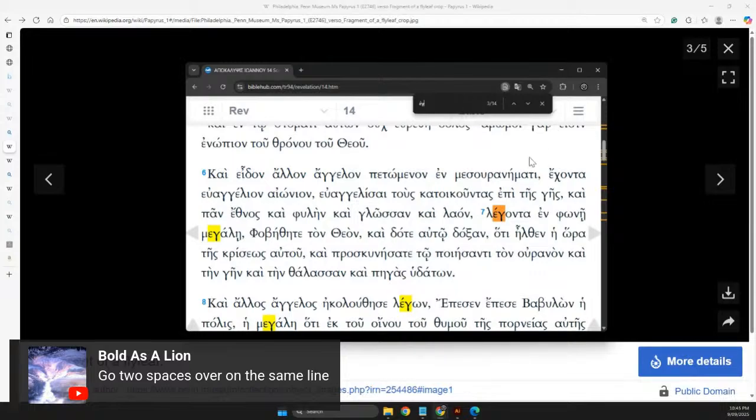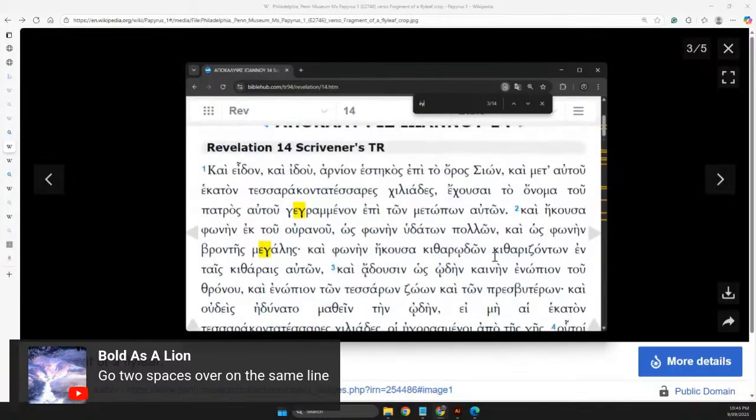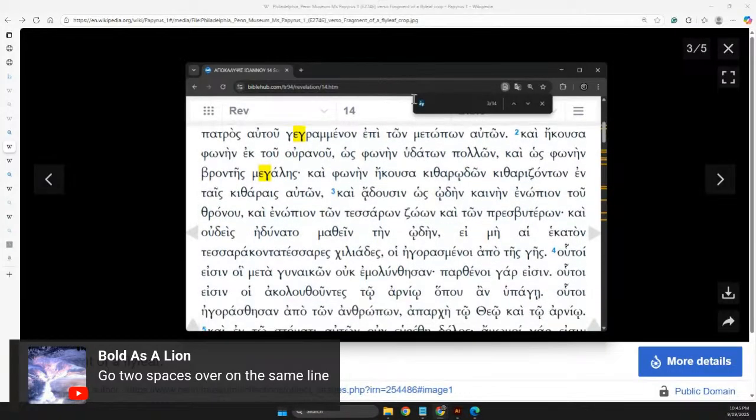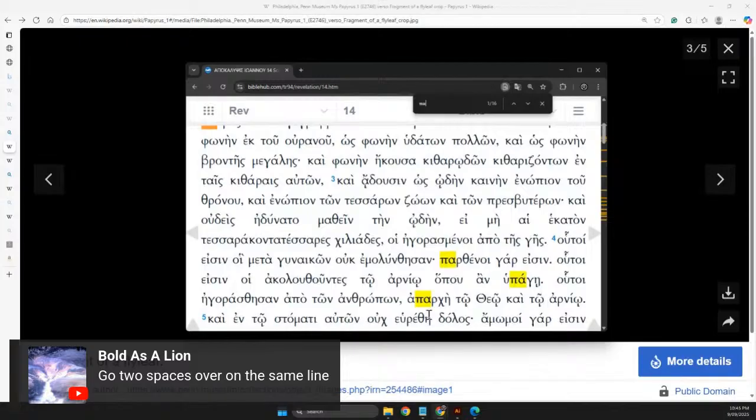Okay, so but we are trying to. Now I've sort of lost my place. I should have looked up the verse. Now I'm trying to find a P. Here we go. P. Okay, PR.